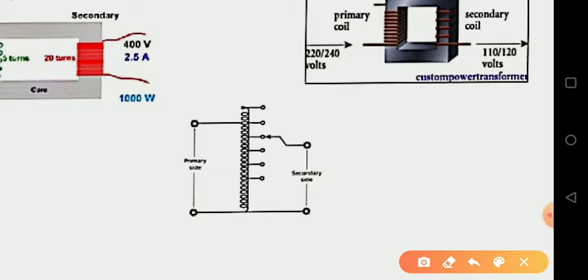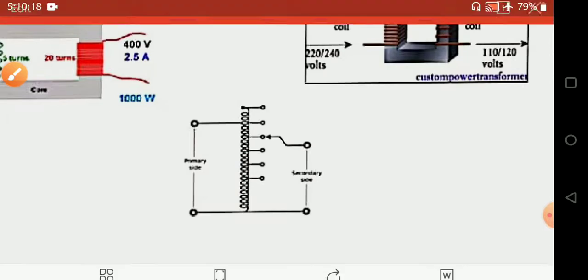Here you can see this is the primary winding, and from here to here this is the secondary winding.